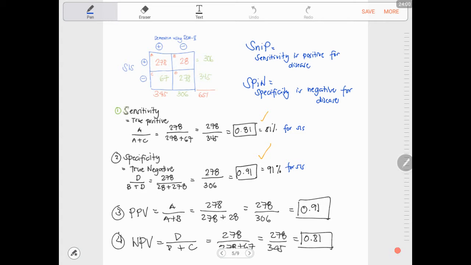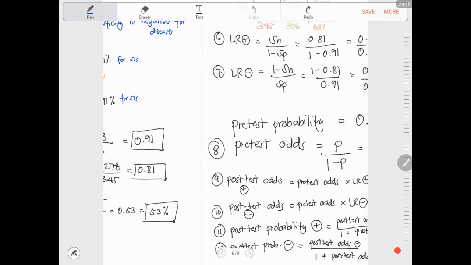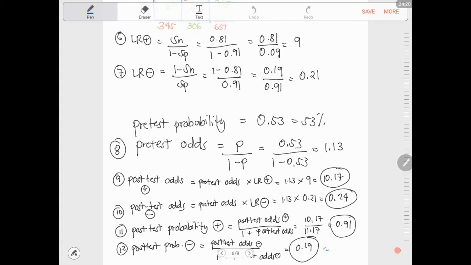So that's 345, pala. Sorry. 345 divided by 651. See, it's very important that you put the numbers, no? Mabilis na lang pag may numbers na. After the pretest probability, you are now going to check for the likelihood ratio. Likelihood ratio for the patient to have dementia if they turn out positive, and the likelihood ratio that the patient doesn't have dementia if the test turns out negative.